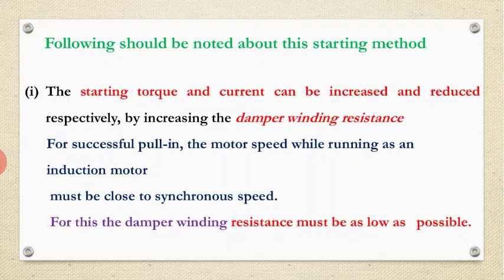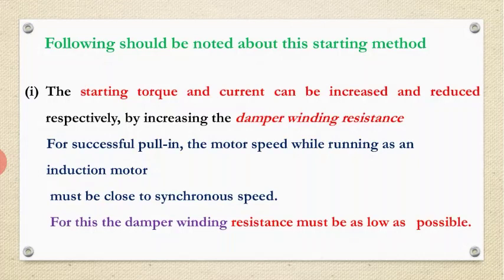I will explain afterwards how the pull-in process occurs. Please note that the rotor poles will be locked to the stator poles, and for this the resistance must be low. Further, for damping hunting oscillations, the damper winding resistance must also be low. So again there is a contradiction between high and low resistance.